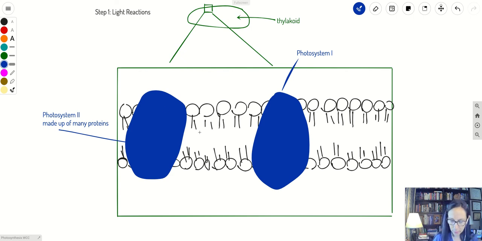Then I'm going to put another protein in here, and it's going to go right here, in between. It's a smaller one, and then I'm going to put a bigger one here. Let me make that a little bit more round.